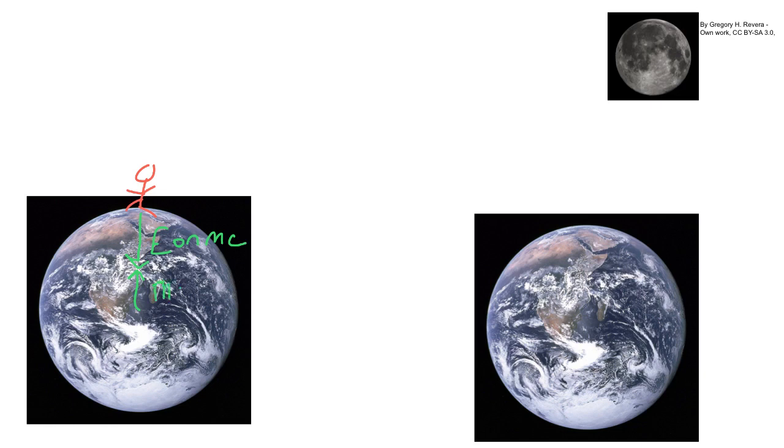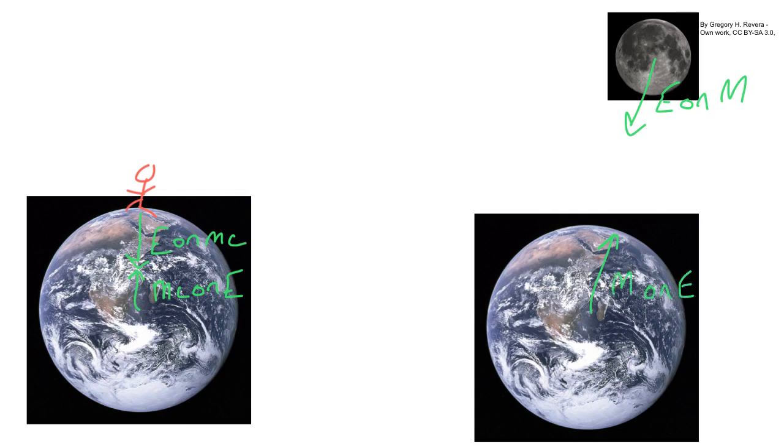I am pulling on the Earth with the same force of gravity that the Earth has on me, except that because the Earth has much more inertia and is much more massive, it is not affected as much as I am by that interaction. We have the same thing over here with the moon and the Earth. The force of the Earth on the moon is the same magnitude of force, in the opposite direction, as the moon on the Earth.